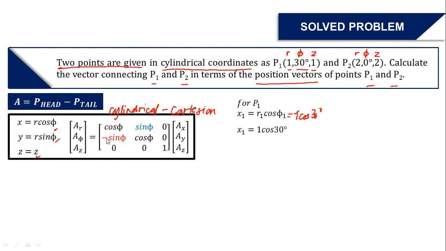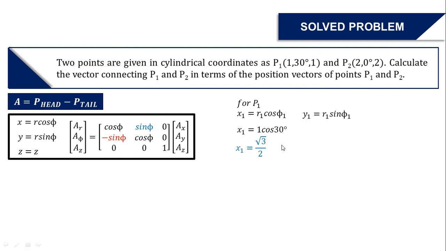So, it is equal to, pag cosine ng 30 degrees, that is square root of 3 over 2. Therefore, yung ating x sub 1 is equal to square root of 3 over 2. Okay? Then, for y sub 1 naman, it is equal to r sub 1, then sine of phi sub 1. So, y sub 1 is equal to 1 sine ng 30. Ang sine ng 30 is 1 half.